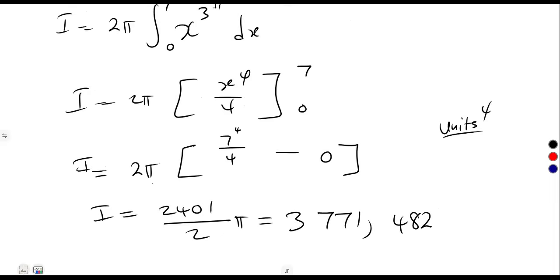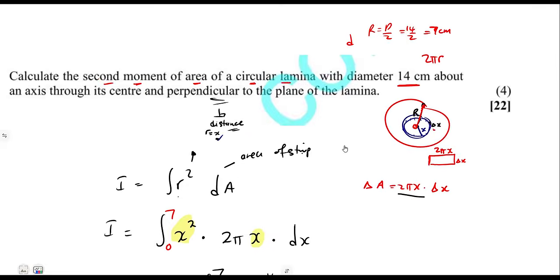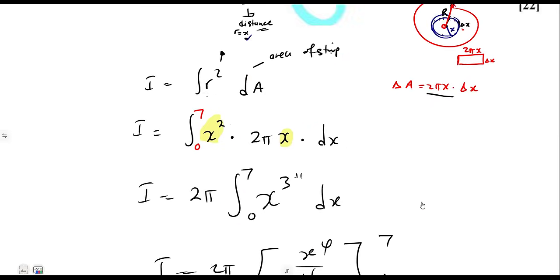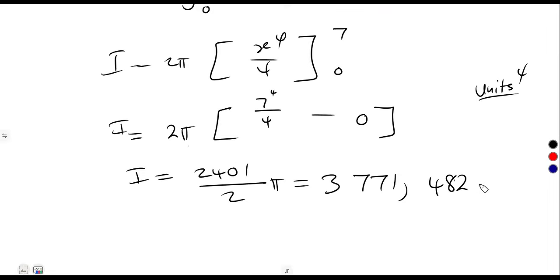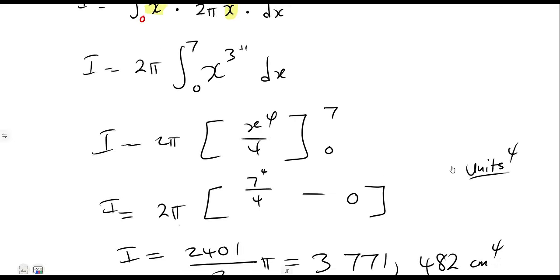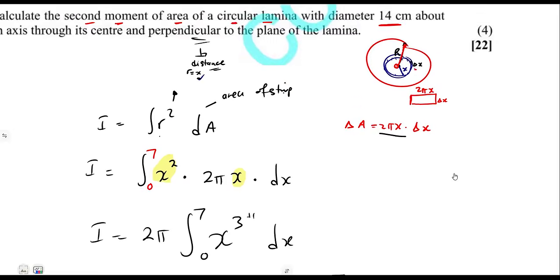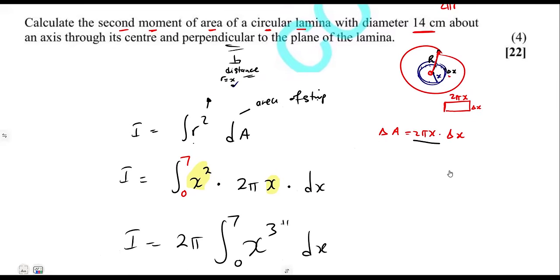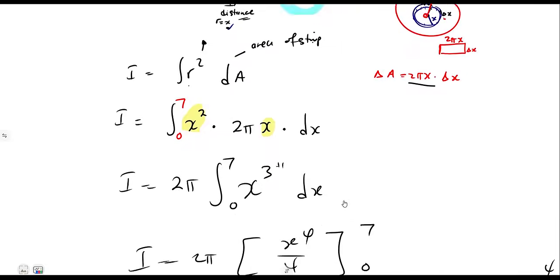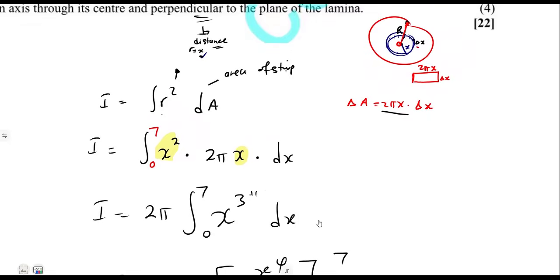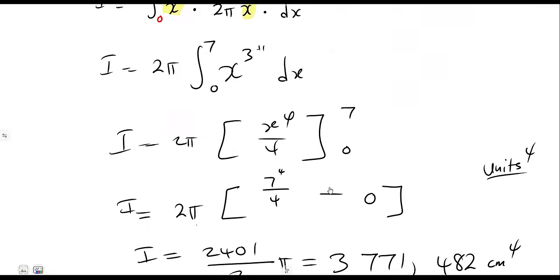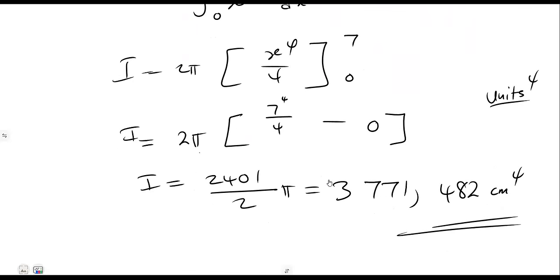Our units are centimeters here, so that's centimeters to the exponent of 4. That is your second moment of area, as we are dealing with a circular lamina. Also consider other videos on membership, which explain much as introductions so that you can understand more about what we are dealing with.